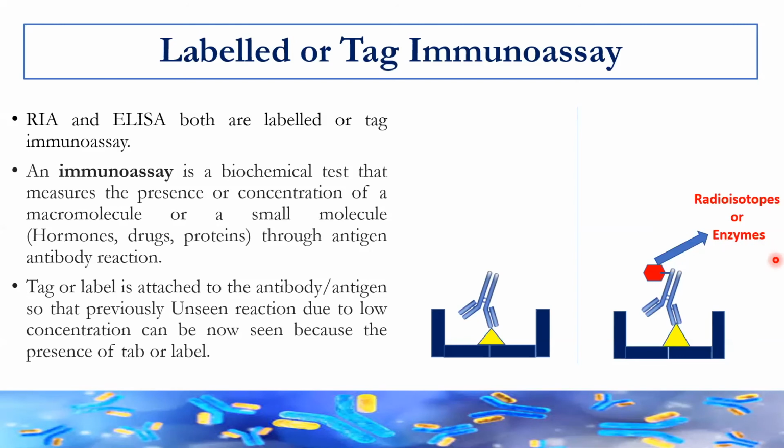I hope everybody is very clear about what labeled or tagged immunoassays are, and that is why RIA and ELISA both are labeled immunoassays. So in this lecture, we are going to see details of radioimmunoassay, where the tag is a radioisotope.